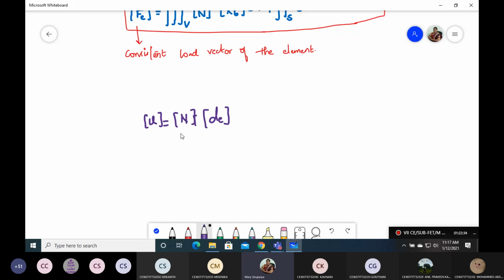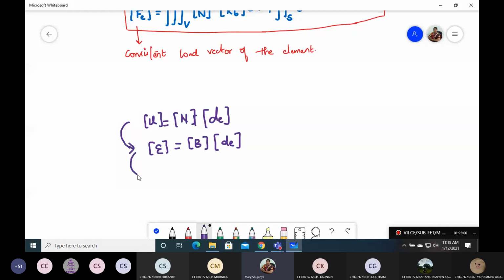Then strains from epsilon is equal to B into d^e.